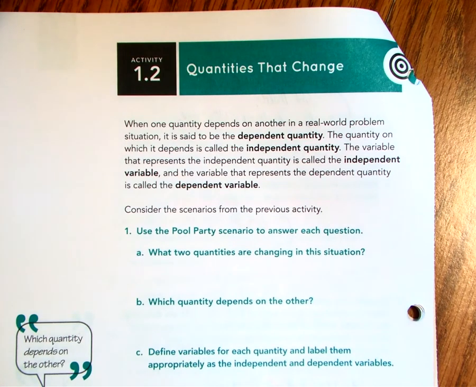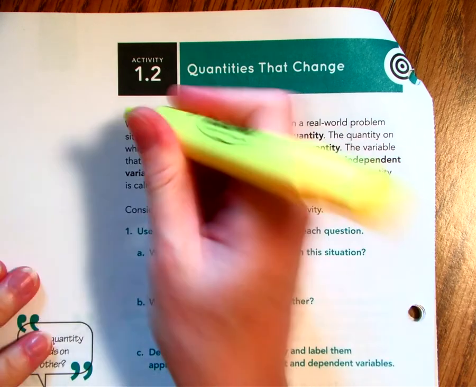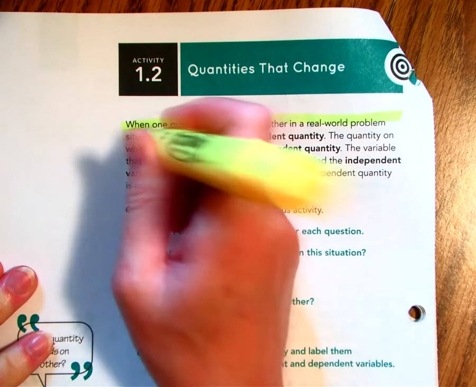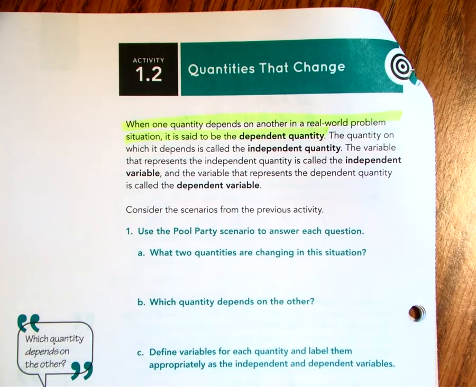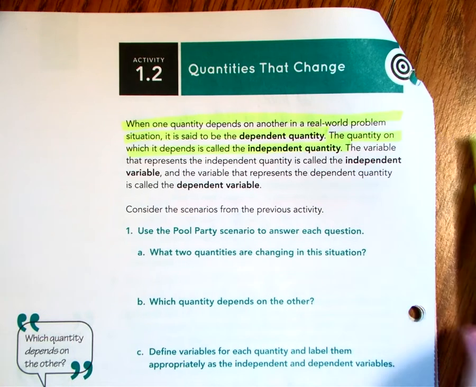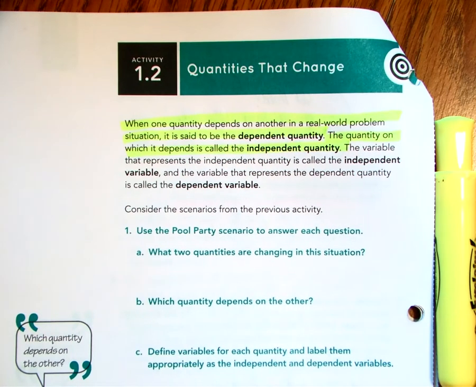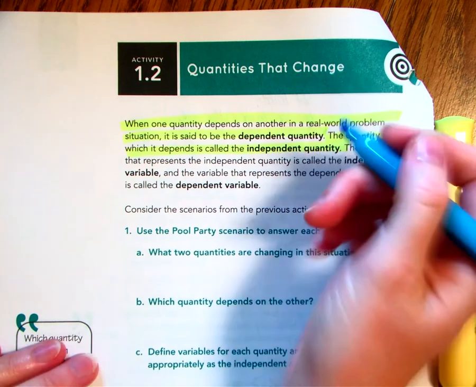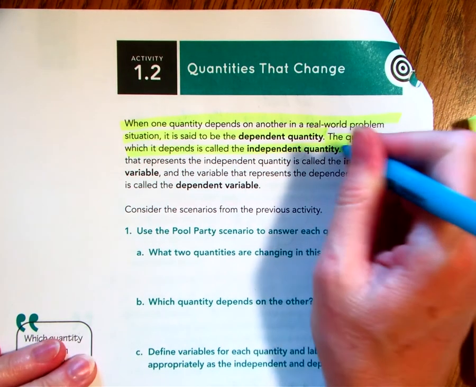When one quantity depends on another in a real-world situation, it is said to be the dependent quantity. So it depends on the other. The quantity on which it depends is called the independent quantity. The variable that represents the independent quantity is called the independent variable.